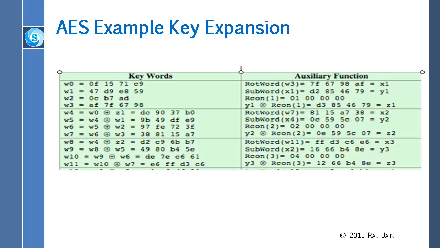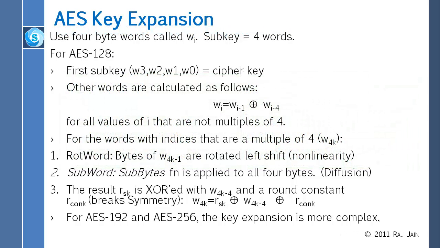Then this is the constant 1. You exclusive OR that constant, and this is what you get, W4. Similarly, here on this side we have D38546. W4k is SubWord of RotWord plus W k minus 4 plus Rcon.